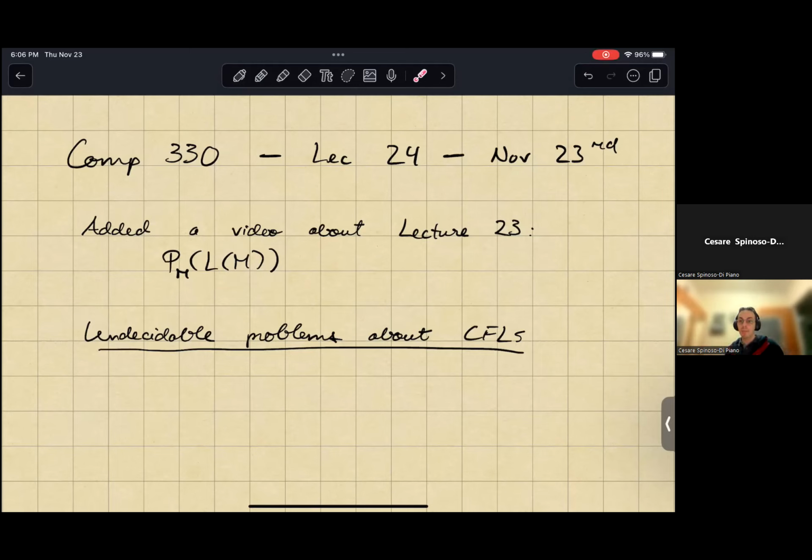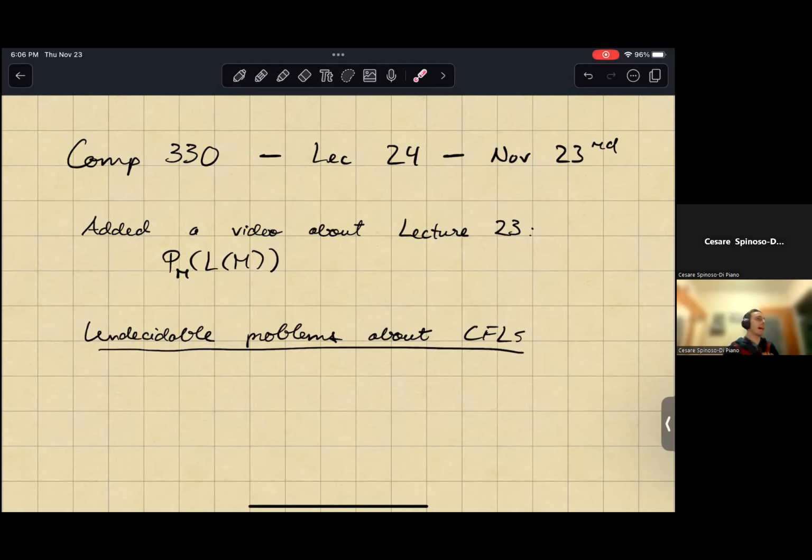But to talk about it concretely, I need some way of representing that language. We saw that there are two models to represent context-free languages: the first is a context-free grammar, and the second is a PDA.